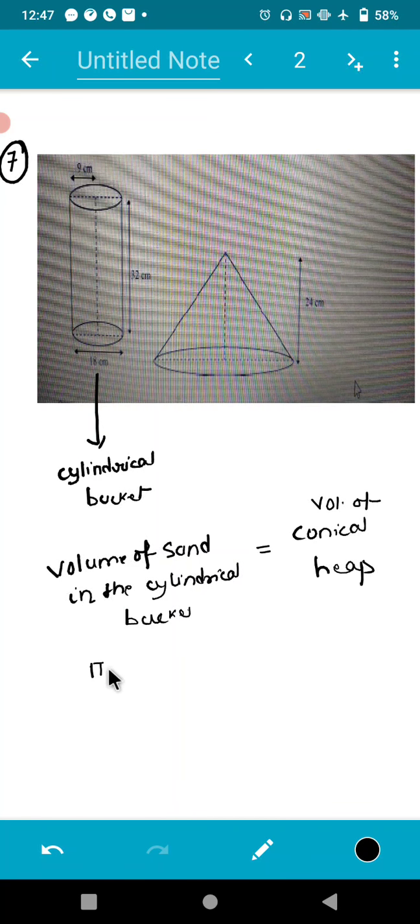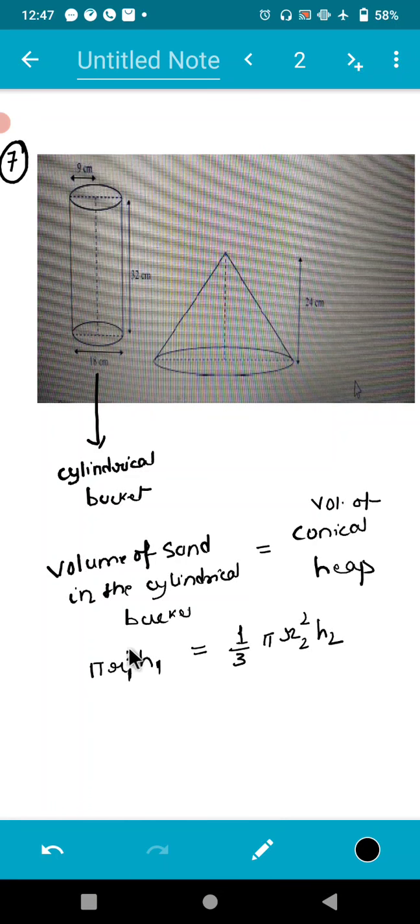It is pi r square h. We'll consider the radius of the cylinder as r1 and the height as h1, and the volume of the conical heap would be 1 by 3 pi r2 square h2, where r2 is the radius of the conical heap and h2 is the height of the conical heap.